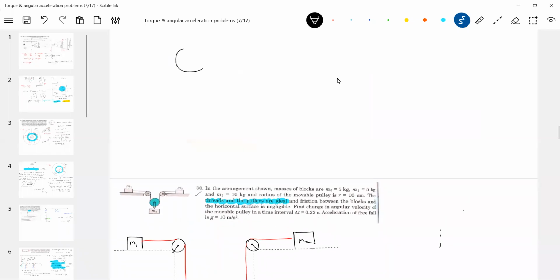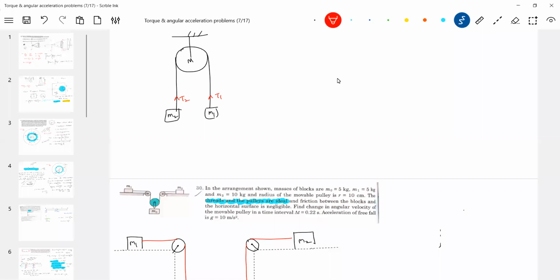And now if a pulley is there, we will just suspend it. I'll say this pulley has a mass m. Then what will happen to the tension? Here the tension will be T2, the tension here will be T1.